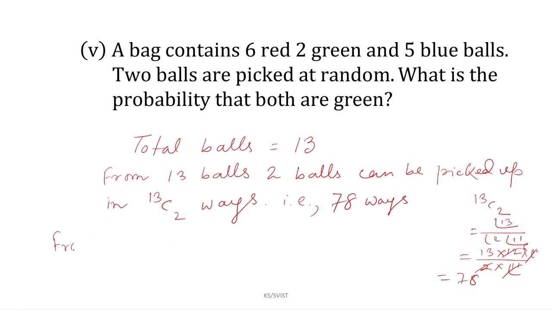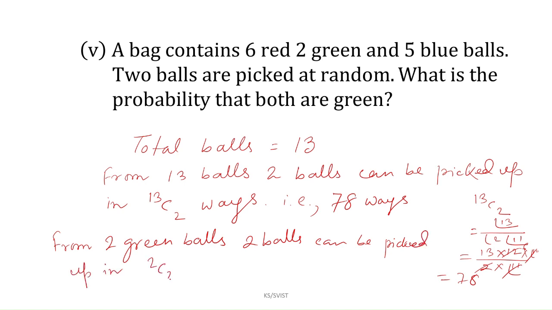Now from two green balls, two balls can be picked up in 2C2 ways. That is one way.